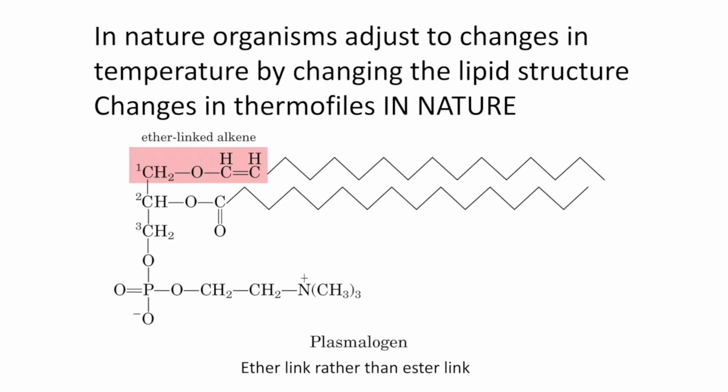Now, I mentioned to you that in nature there are organisms that live at -10 and +100. But how are they doing that? They actually change the lipid structure. So actually when bears undergo hibernation, they change the lipid structure of the cell membrane.